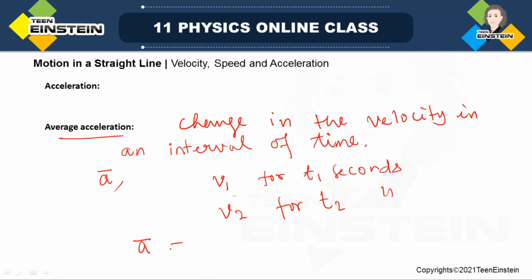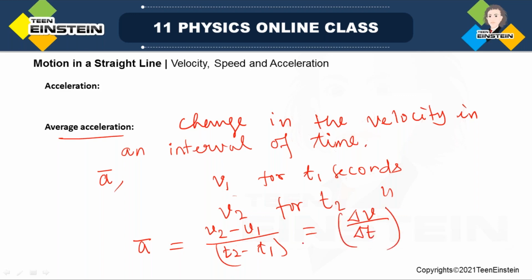Then we can define average acceleration mathematically: v2 minus v1, the change in velocity, divided by the interval t2 minus t1. In terms of delta v divided by delta t, this is the mathematical expression for average acceleration.